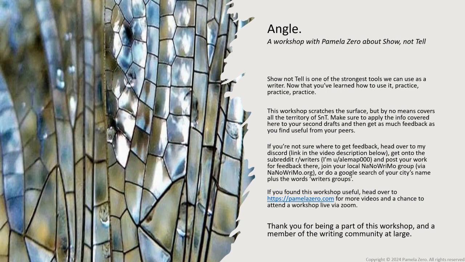You look at your pacing, you look at your story arc, your character arcs, you look at the components of your story, plot, action, exposition, character internals, and see if they're balanced out. That's your second draft. When you're working on your second draft and you add your show not tell and you add all these different parts, then you want to take that out and get as much feedback as you can, and as much as you find useful from your peers.